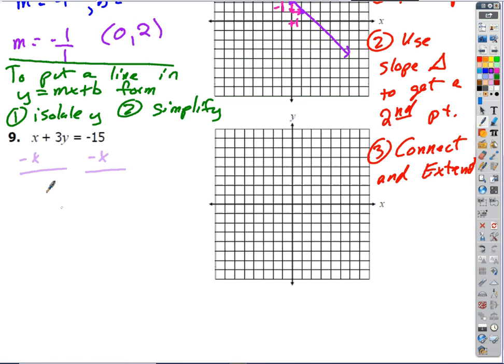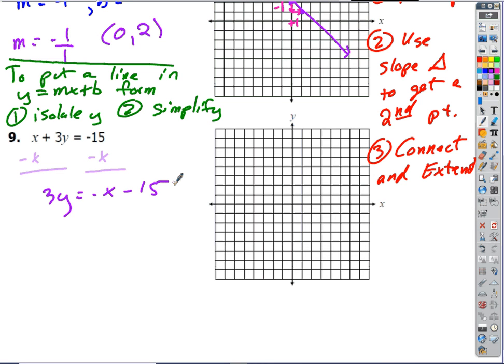So that's gonna give me a 3y on the left. Now I've got a negative 15 minus x. That's the same thing as negative 15 plus negative x. Which one should I probably put first? The x or the negative 15? The x, because I wanted an mx plus b, so we want the x term first, and then the 15.